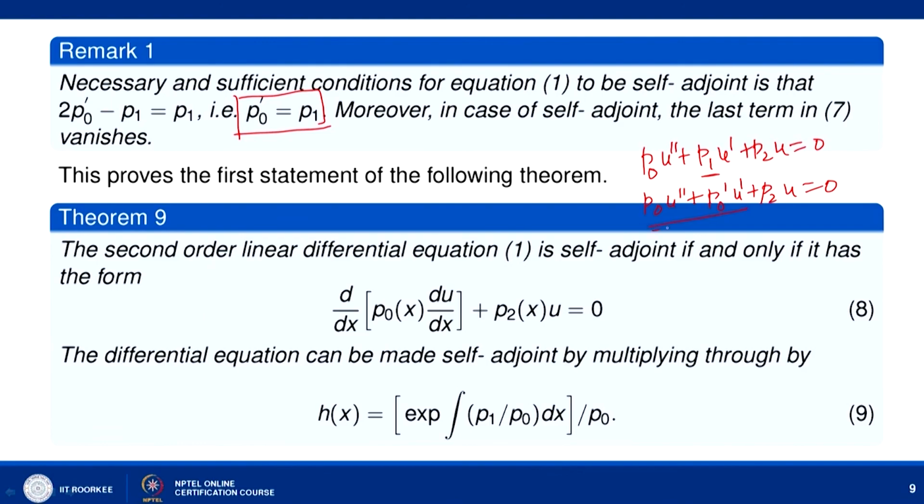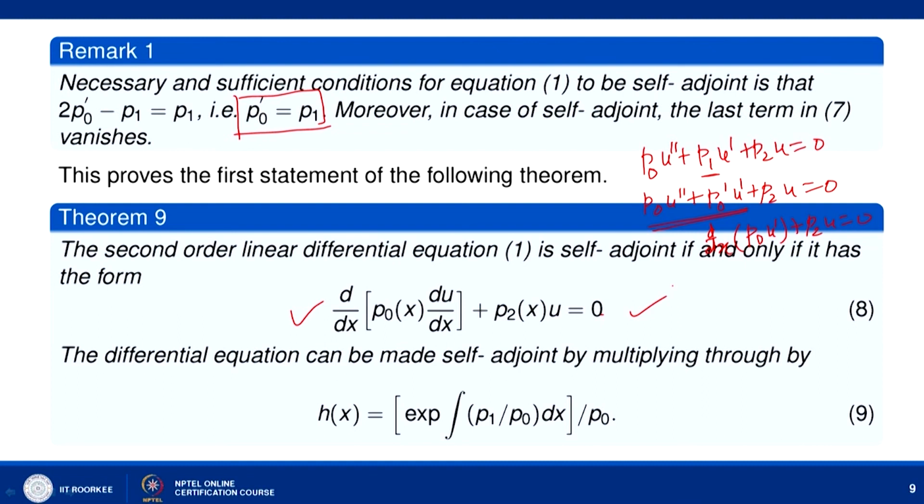Now these two terms can be combined, so we write d by dx of (p naught u dash) plus p2 u equal to 0. So we can write our differential equation as d by dx of (p naught x du by dx) plus p2 x u equal to 0. If a differential equation is written in this particular form, then it automatically satisfies the necessary and sufficient condition for self adjointness. This kind of differential equation is known as a self adjoint differential equation.